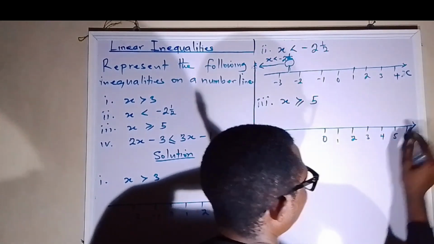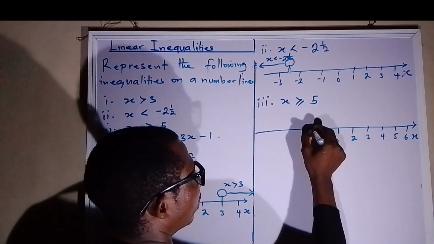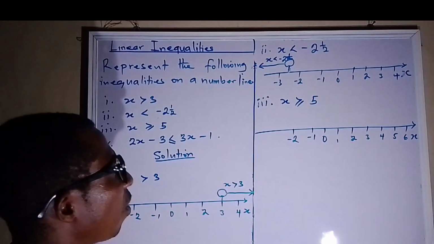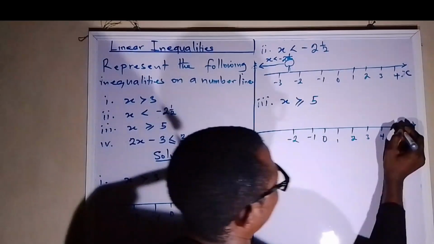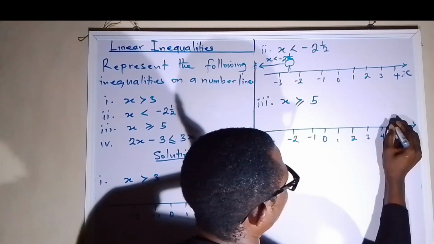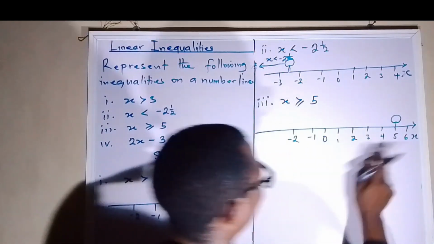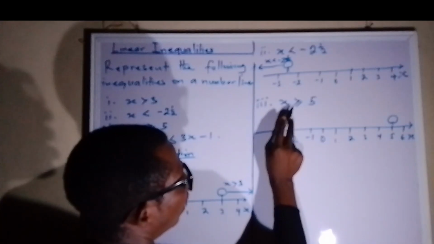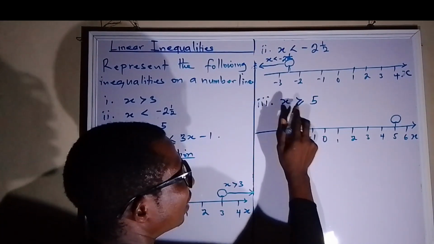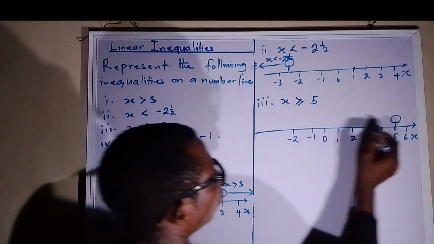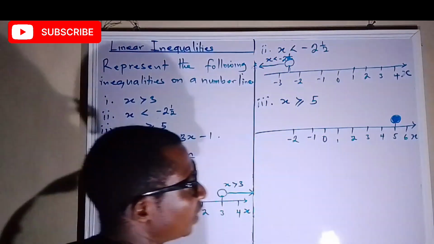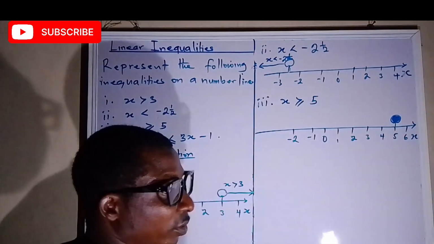These are values of x, so we must label minus 1, minus 2, and so on. Now we can see this one is not strictly greater than, it is greater than or equal to. So we must shade the circle here.